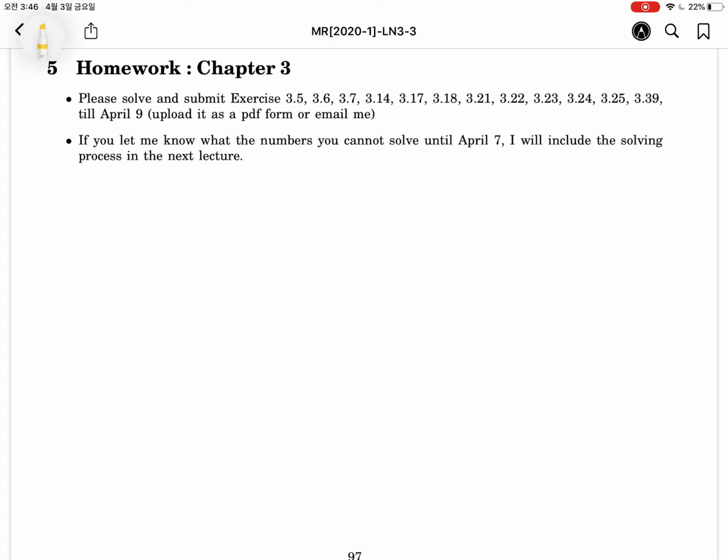Okay, you have the second homework about chapter 3. Please solve and submit exercises 3.5, 6, 7, 14, 17, 18, 21, 22, 23, 24, 25, 39. The due date is April 9th.